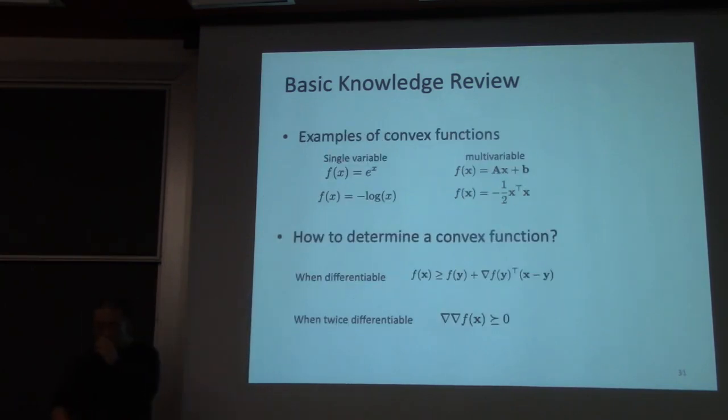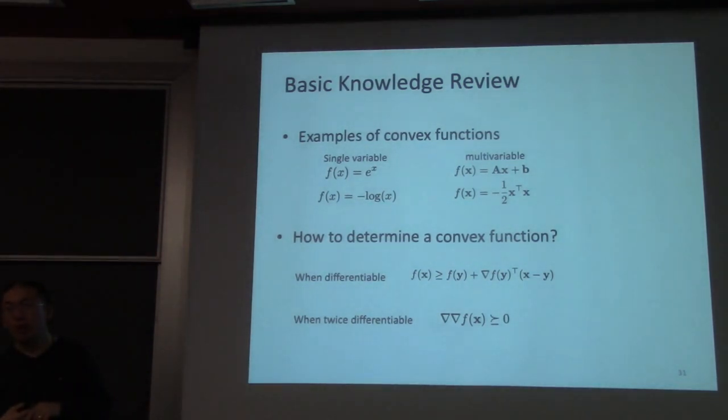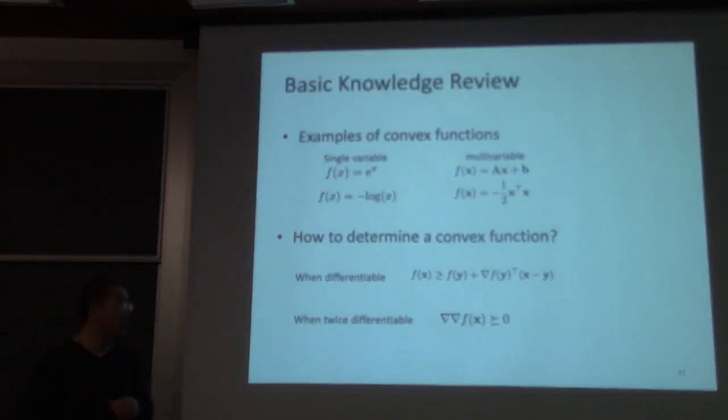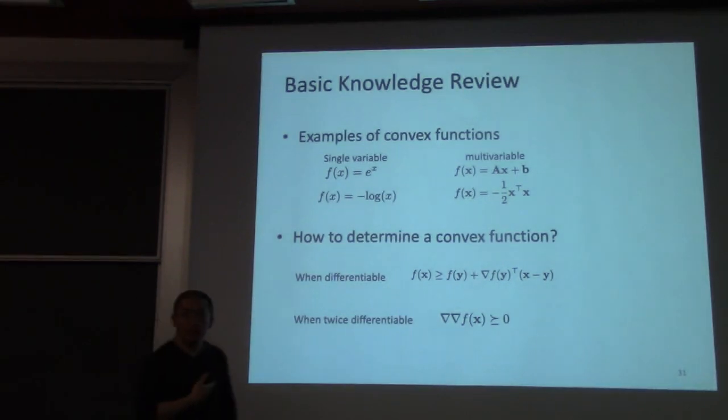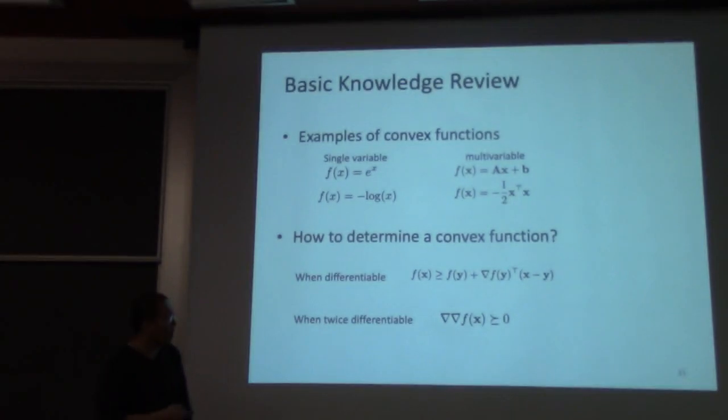So in your homework, you are required to prove some multivariable function to be a convex function. How to do that? In addition to using the definition, you can use two commonly used properties. The first property is that if the function is differentiable, then for arbitrary two inputs, x and y, this inequality always holds.